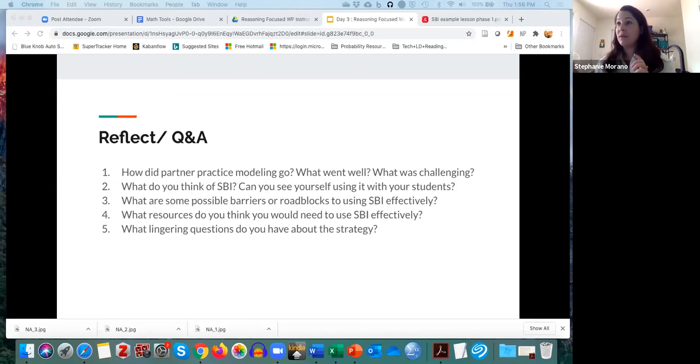So really, the focus is not on solving and checking. Focus is on all that sort of front-loaded work.